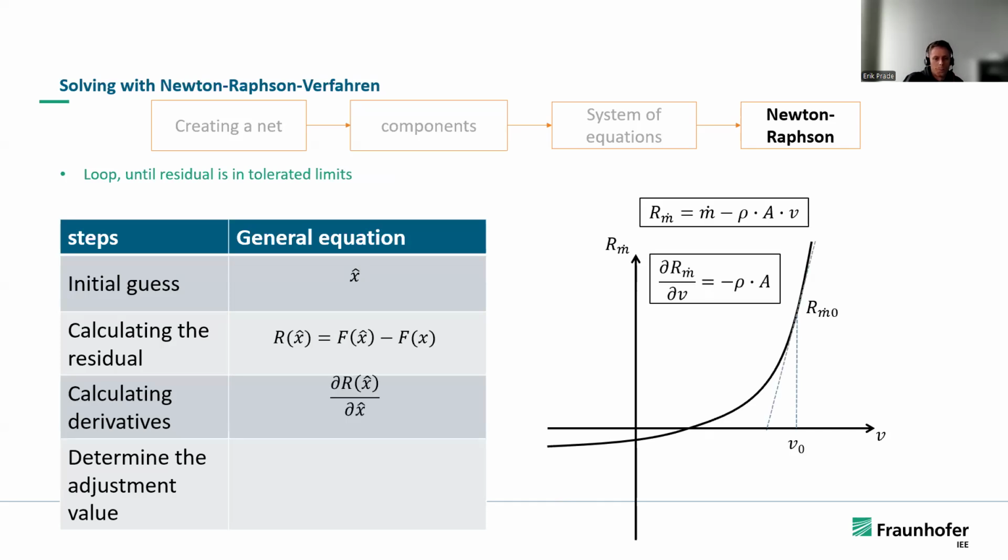Then we derive from this tangent a new zero, which becomes our new initial guess. This Newton-Raphson method is repeated until we reach the tolerance we wanted. If the error falls below a certain value that satisfies the user, we have reached the solution.